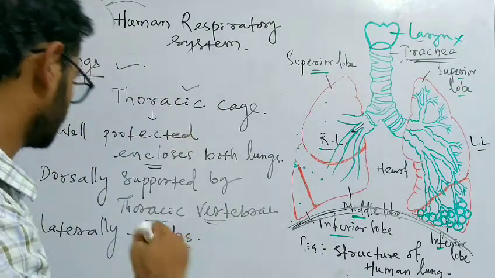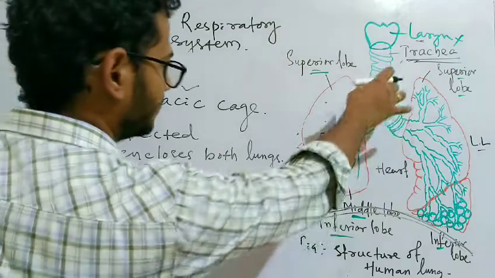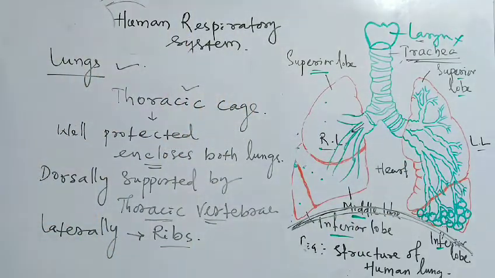On the dorsal side it is the thoracic vertebrae, and on the ventral side, the front side, the chest bone or breast bone, also called the sternum, is there.